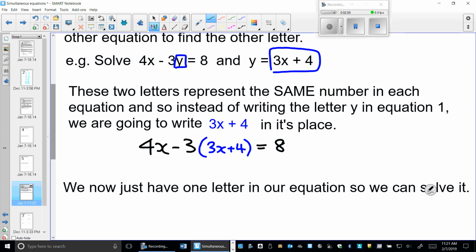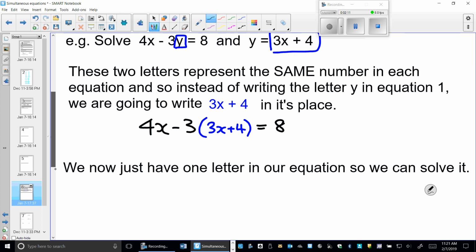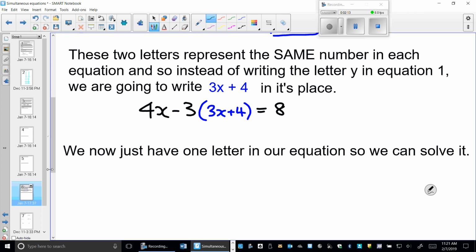Now, we've only got one letter, so we can solve it. What would we do if we see this kind of equation we're trying to solve? Expand our bracket first. What is being multiplied by our bracket? Good, a negative 3. So I would have 4x minus 9x. Then what comes? Minus 12, good, equals 8.